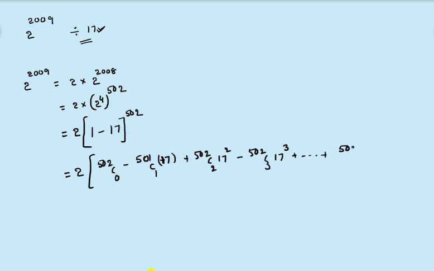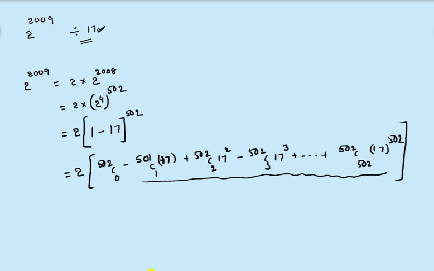Finally 502C502 into 17 power 502. Observe here, except the first term, in every term there is an involvement of 17, right?